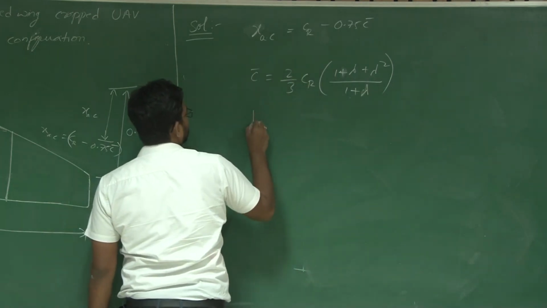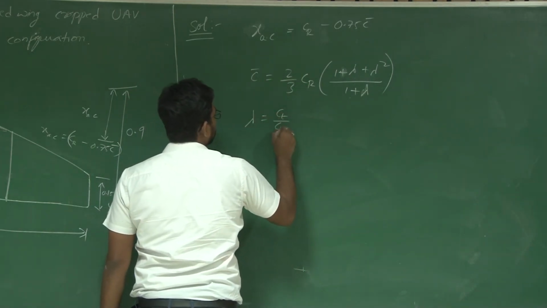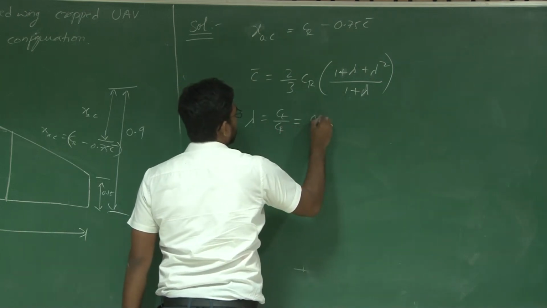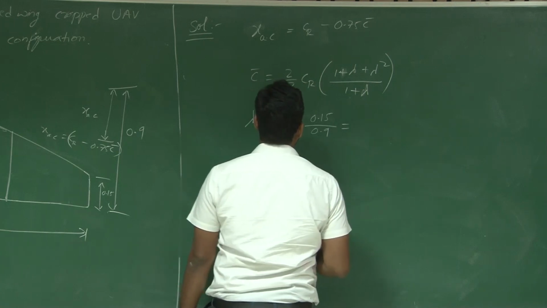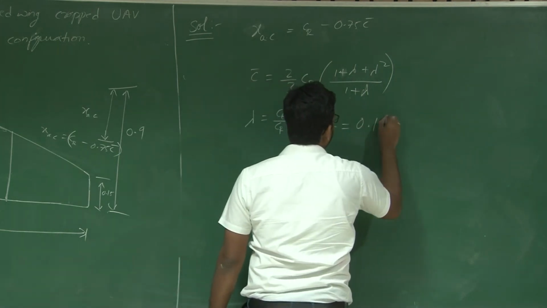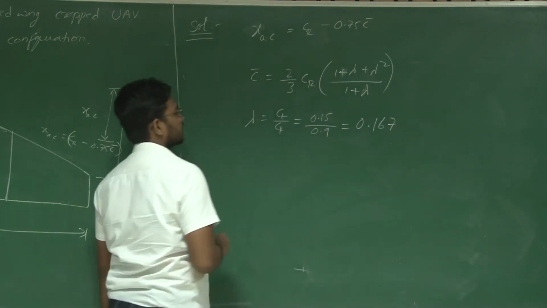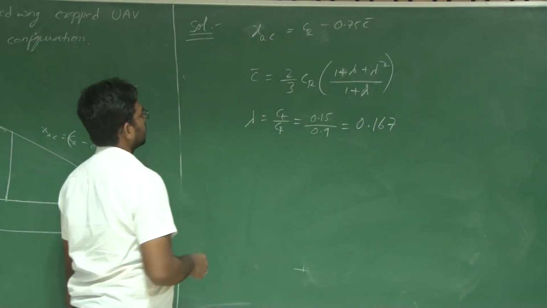So what is lambda? It's CT by CR, which is 0.15 divided by 0.9, which is 0.167, right?